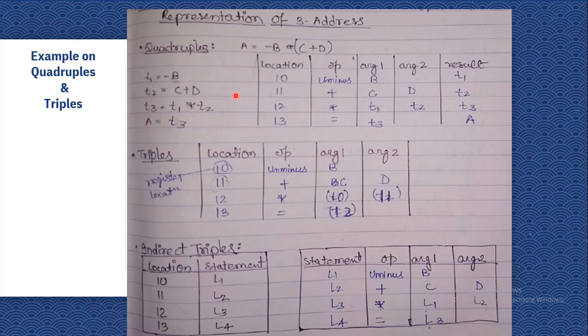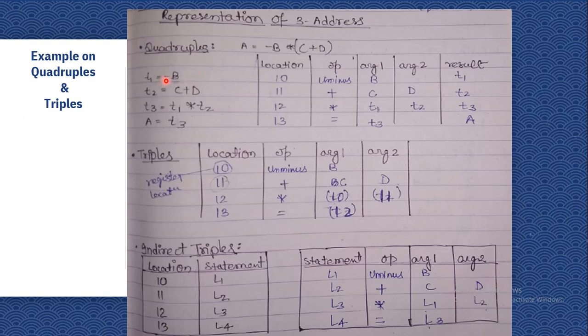If we have to show this three address code in the form of a quadruple, in the quadruple we have studied that there must be four fields. Number one will be the operator, number two will be argument one, number three will be argument two, and then the result. Apart from these four fields, we have some memory locations also. In the first line of three address code, we have t1 equal minus b.